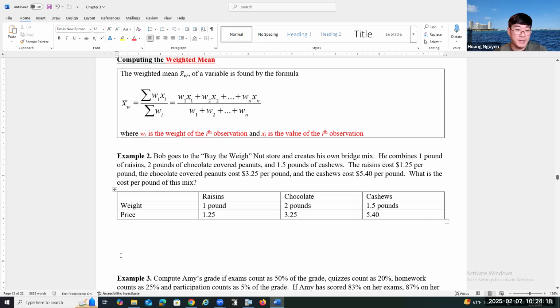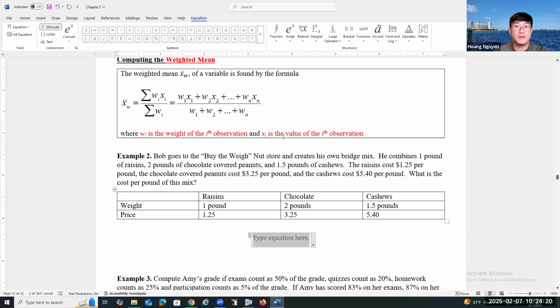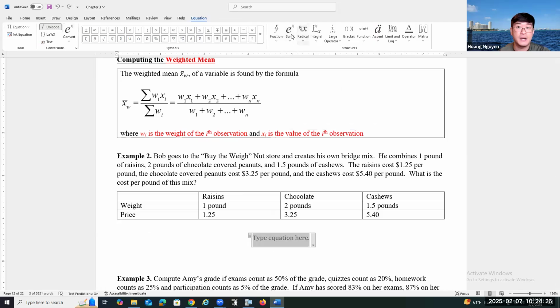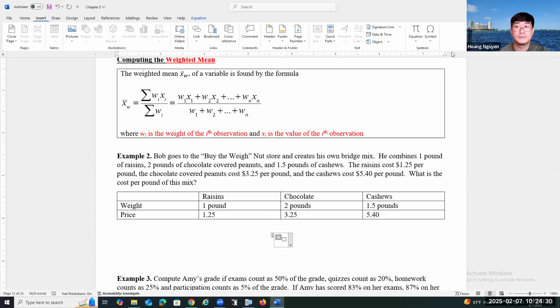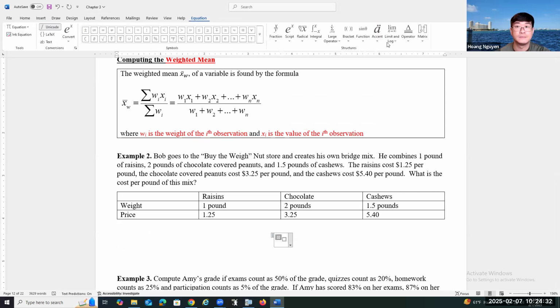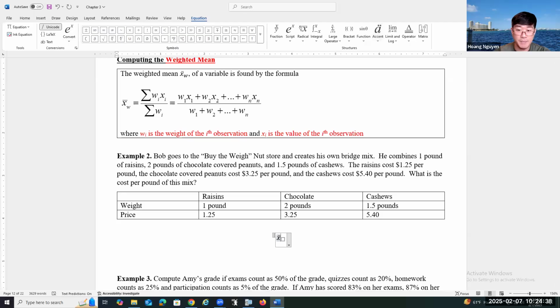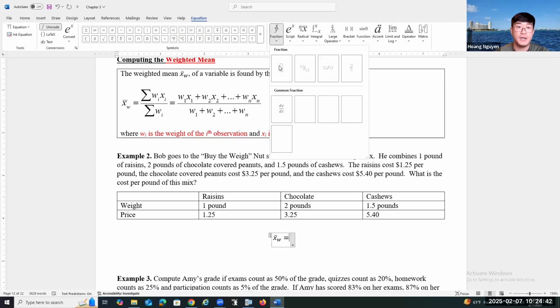I'm going to copy the weighted mean formula right here. So we can use the weighted mean formula. This is going to be x bar w, which, based on the formula that we got, equals a fraction.